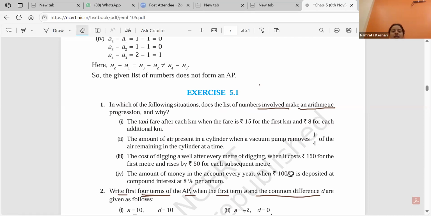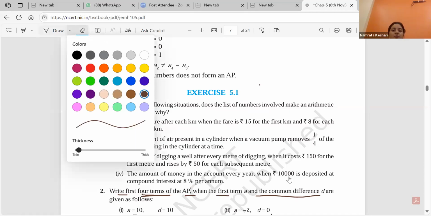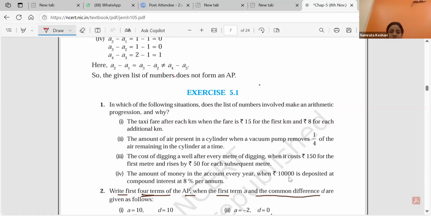The first one says the taxi fare after each kilometer, when the fare is rupees 15 for the first kilometer. That means your first term is given to you. First term of the AP is 15, in terms of rupees.